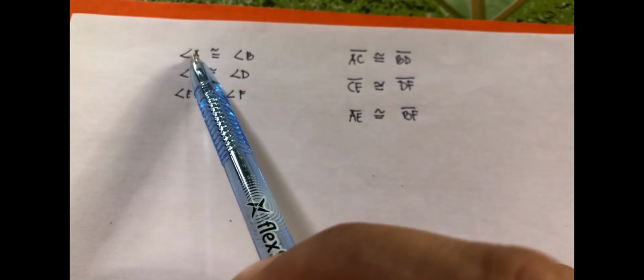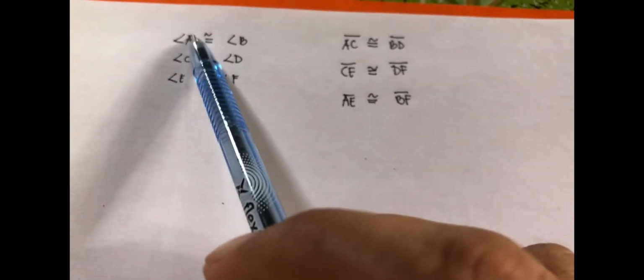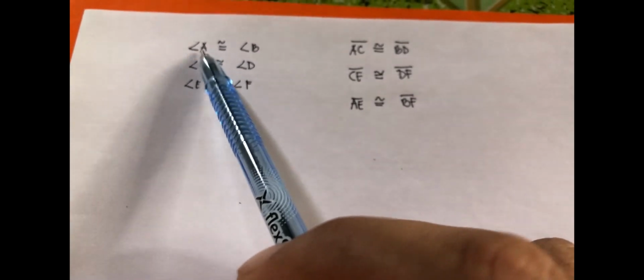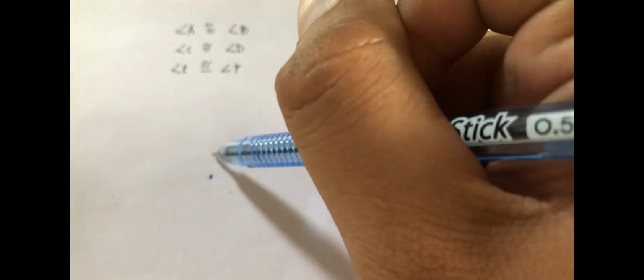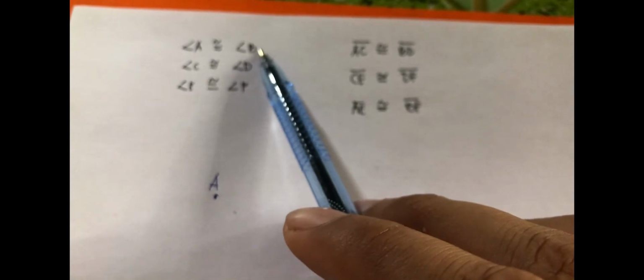So these are our vertex. So let us draw first the vertex A. So this will be our vertex A, which is congruent to vertex B, on the other side.